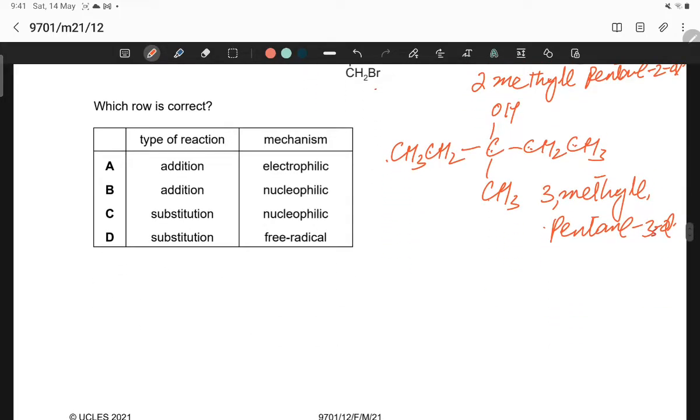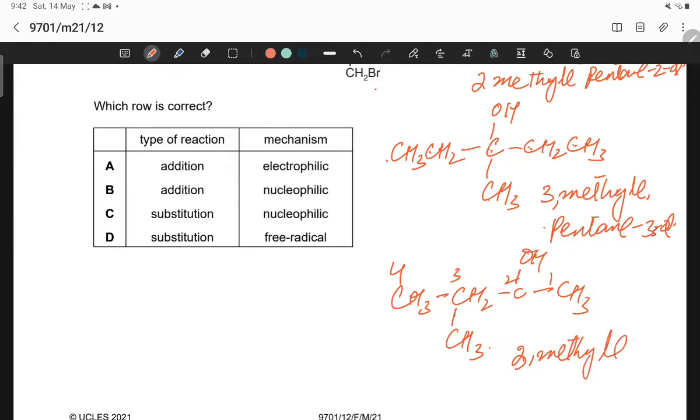So this is another possibility that can be there: CH3, CH2, COH, CH3 and CH3. 2-methyl, 3-methyl, so 2,3-dimethyl butane 2-ol.